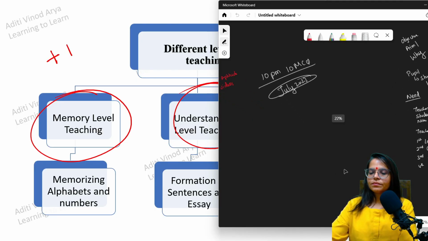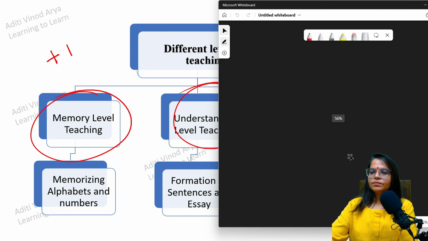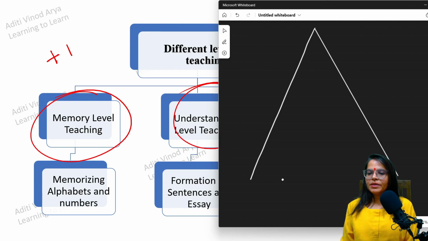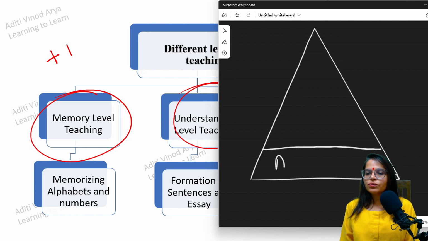Let me make a diagram here, everyone, and just focus here. It's a triangular shape basically. Now, this is a triangle shape. In the base of the triangle, we have a level that is also known as autonomous.